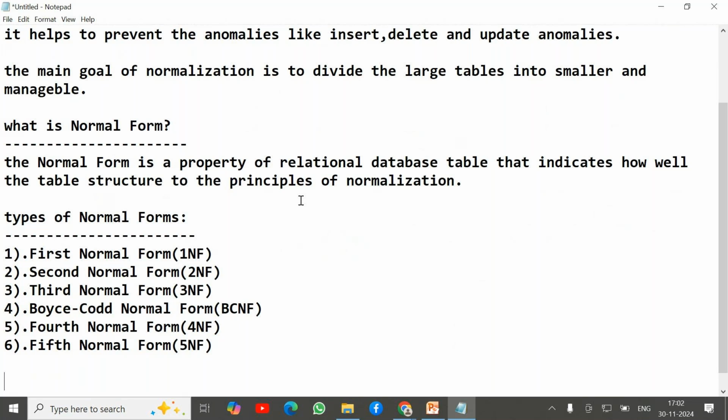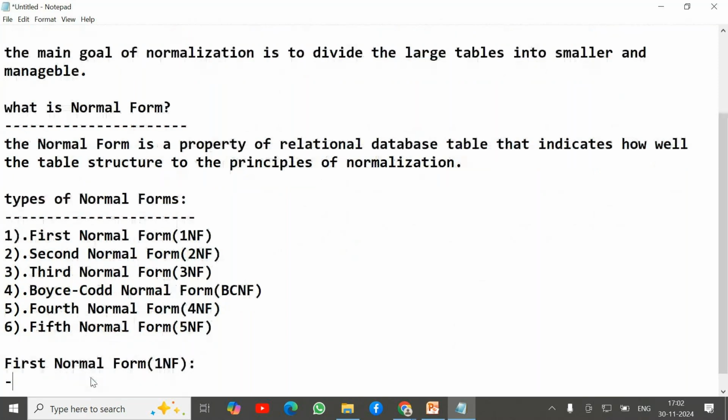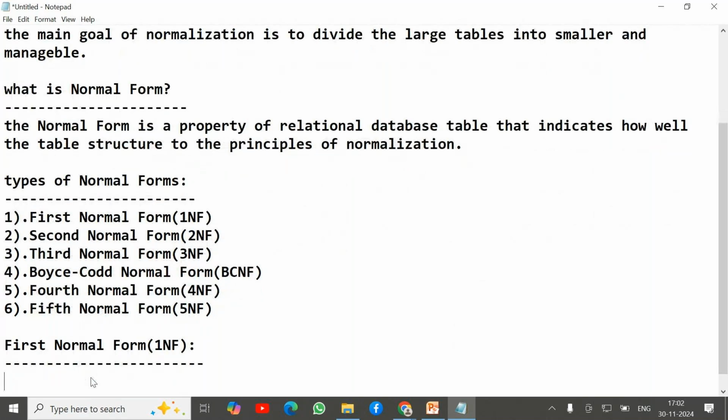Next, coming to first normal form, 1NF. In 1NF, all columns contain atomic, indivisible values.